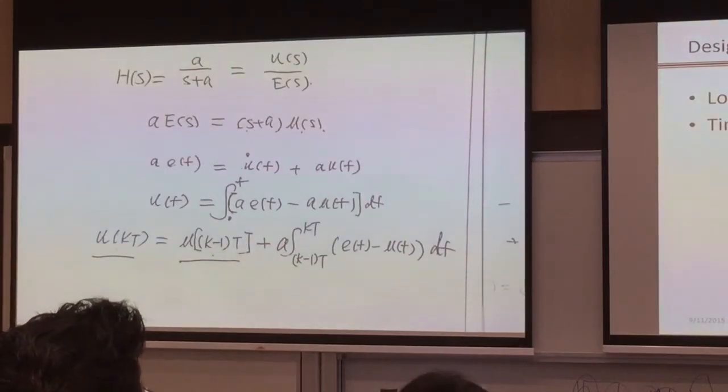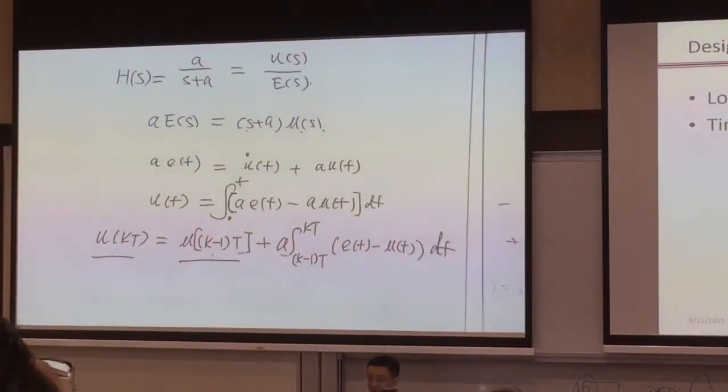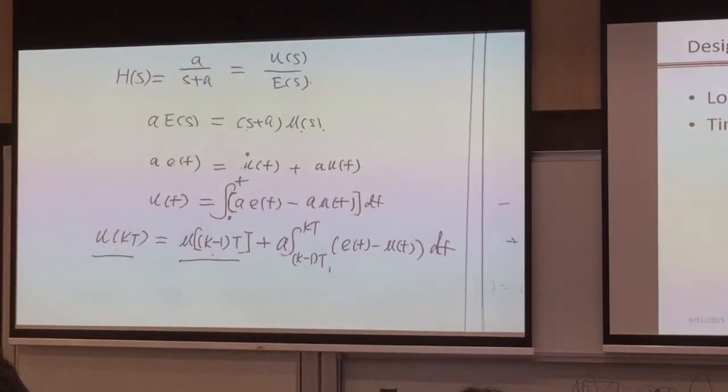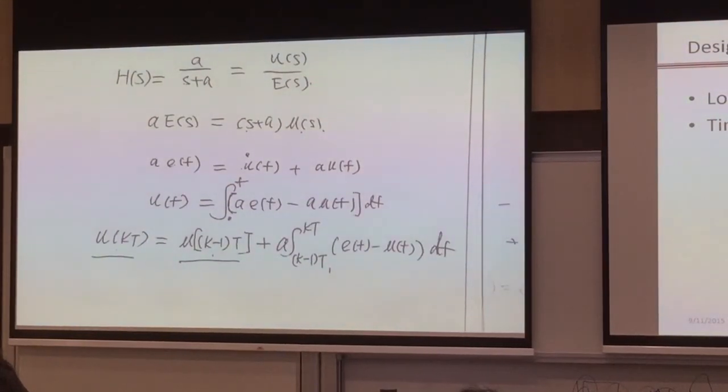What I need is the integration of e(t) and the integration of u(t). So depending on which method you are adopting, you may have a different equivalent discrete equation for that part, right?